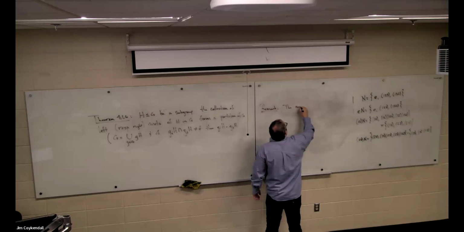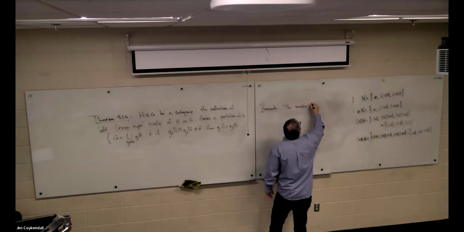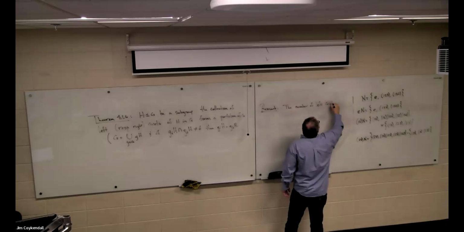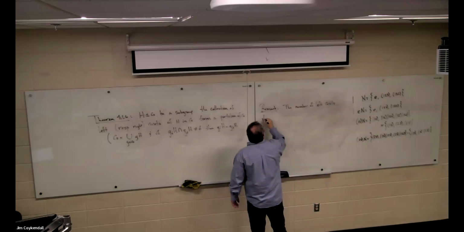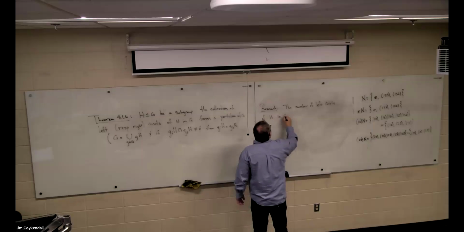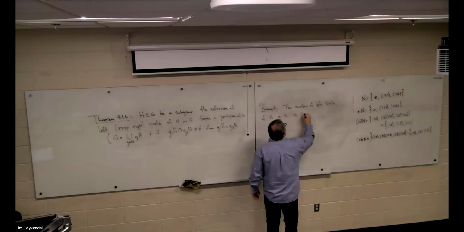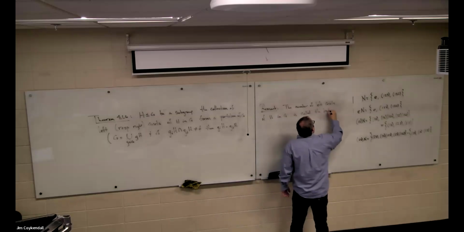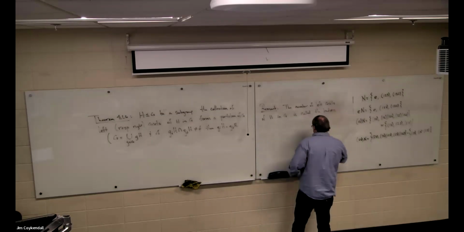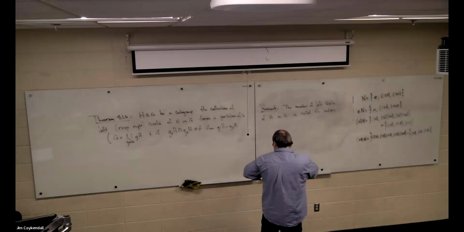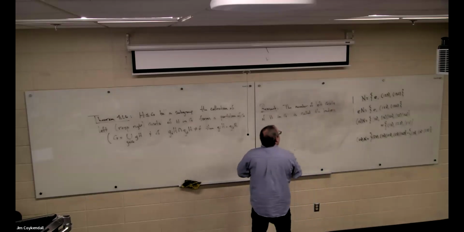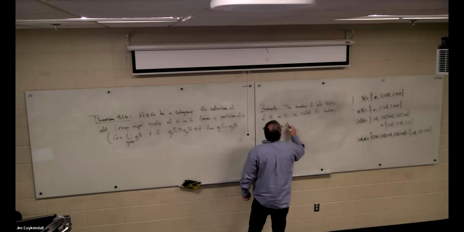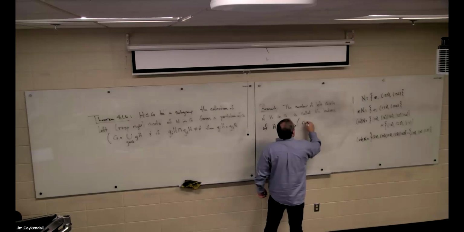The number of left or right cosets of H in G is called the index of H in G. And it's written oftentimes this way.